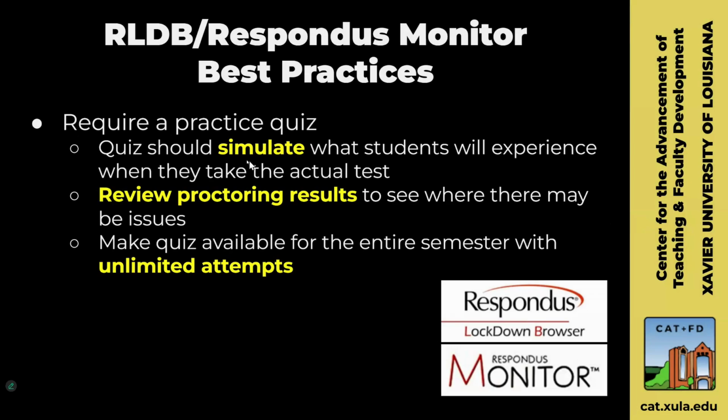That quiz should simulate what they're going to see when they're taking the actual test. You will and should go in and review the proctoring results because you want to see where the student may be going wrong. Perhaps they are in a room that doesn't have a lot of light, so you're getting a lot of flags.